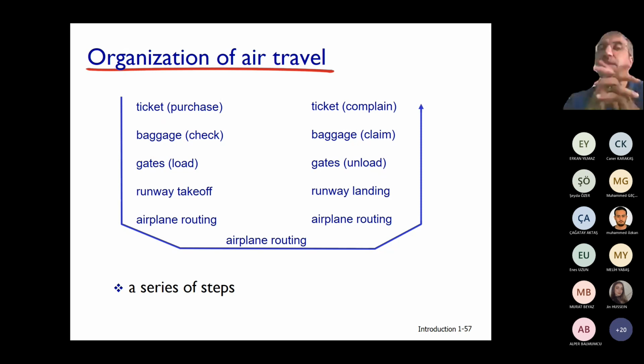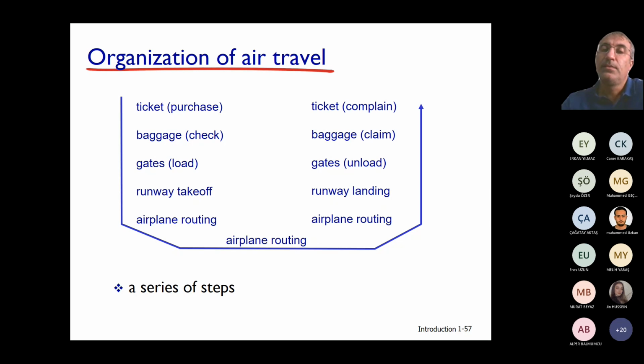So when you start to travel, let's say from Istanbul to Ankara, let's follow the steps together. First of all, you purchase a ticket, right? Either you call the customer service at the airline or use the mobile internet to purchase an air ticket.